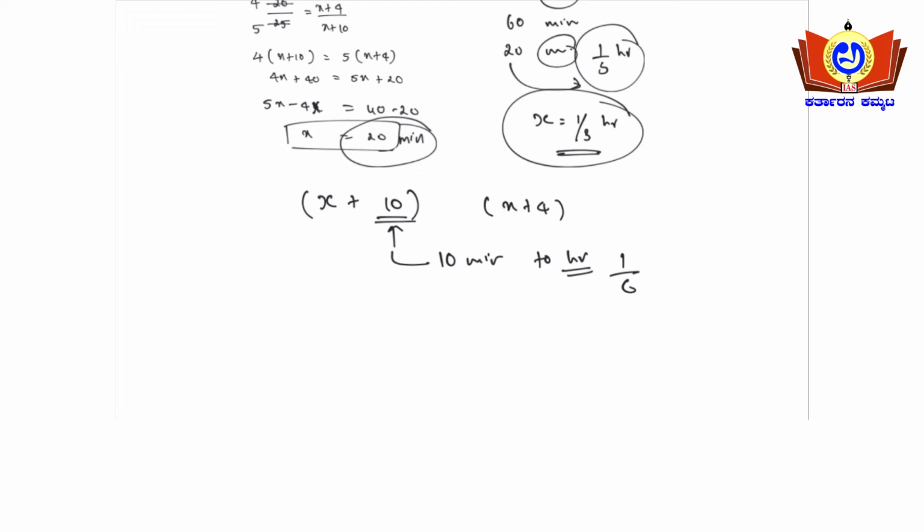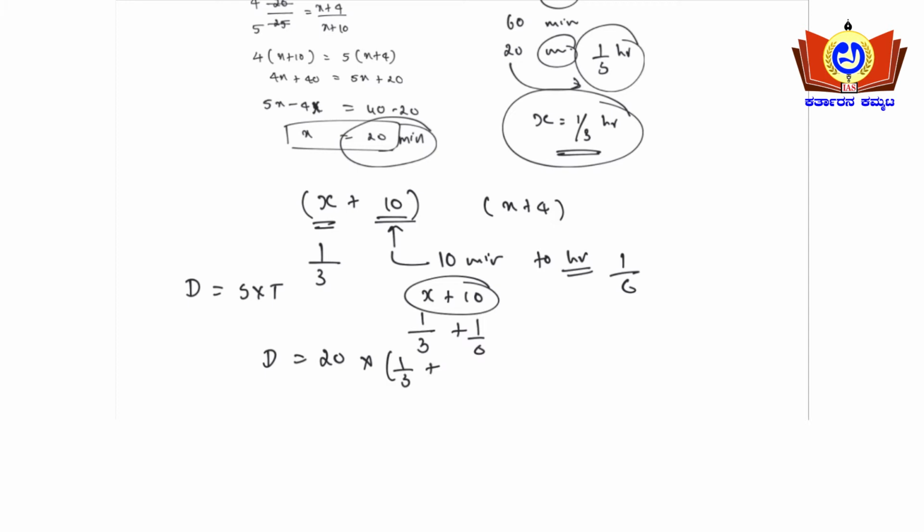Okay, so we have got x is equal to 1 by 3. So total time taken will be 1 by 3 plus 1 by 6. That is x plus 10 minutes they will be taking. Okay, so we need to find the distance here. Distance is equal to speed into time, right? So what is the speed? Distance will be 20 into 1 by 3 plus 1 by 6.